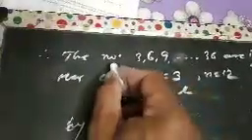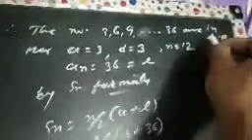Now these numbers 3, 6, 9 up to 36 are in AP.